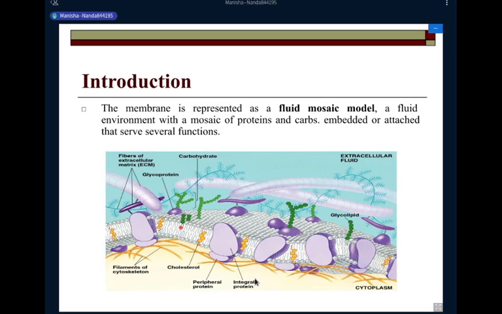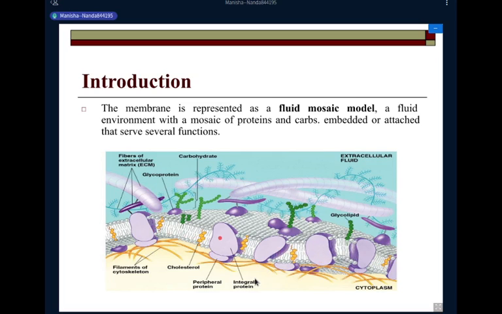A mosaic means one which is made of different types of components, something which has different combinations of components. If you take a look at this diagram, you can see there are different types of molecules in the structure of the plasma membrane. You can see the lipids here, and here you can see the proteins. This is cholesterol, and in lipids also you'll see there is a variety of lipids.